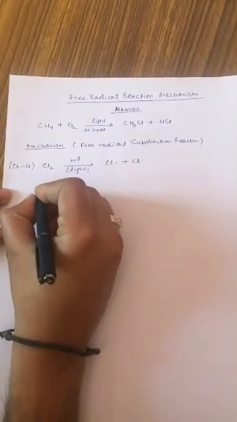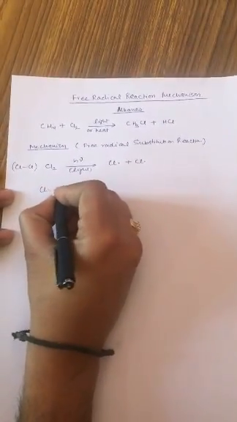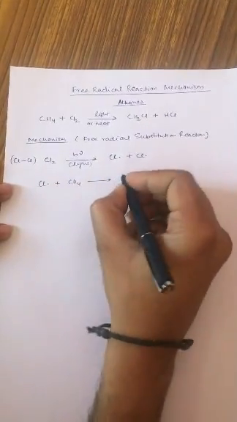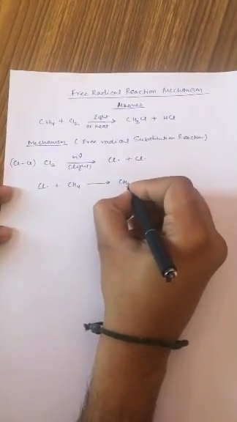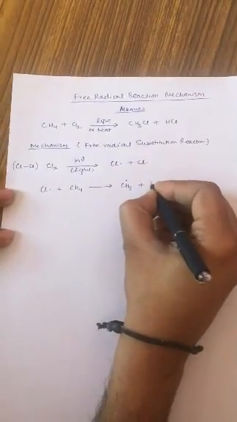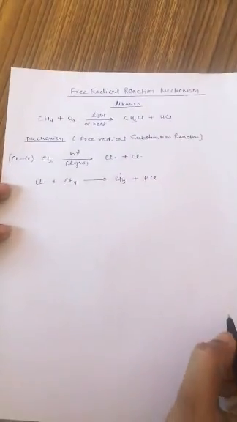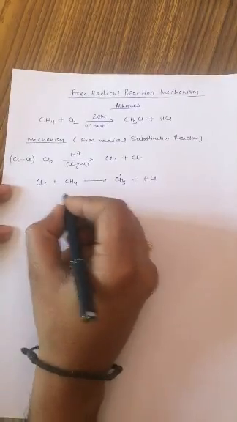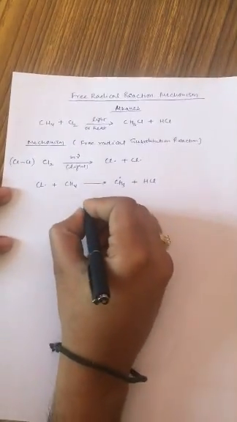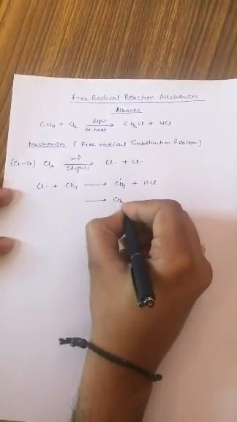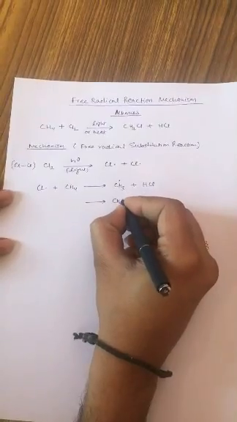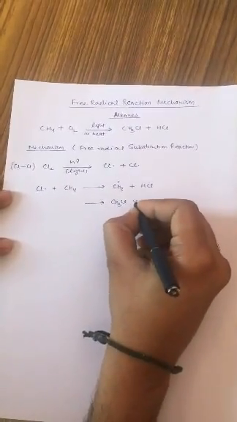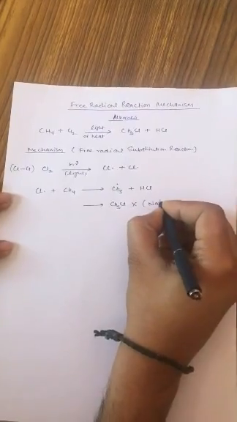Now this free radical of chlorine reacts with methane gas and forms CH3 free radical plus HCl. Now here one important thing: it does not form CH3Cl in this step because this is not energetically favored.